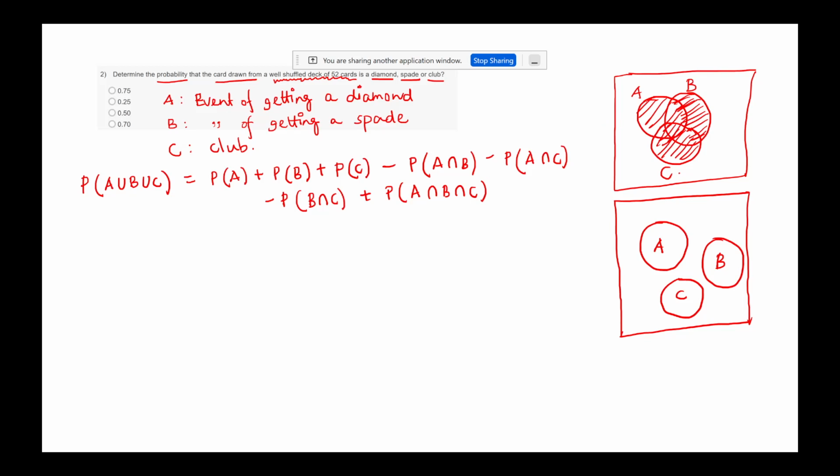So it is like the area of this total. If we get the area of A, then B, then C, and then we subtract these intersections, but this middle region we have subtracted how many times? Three times.